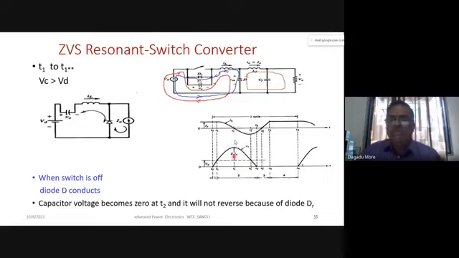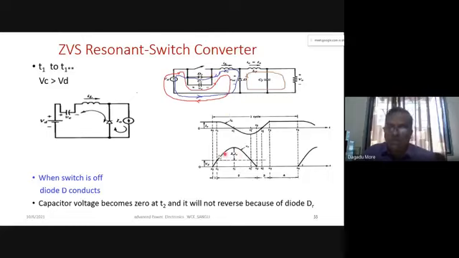When current becomes zero, capacitor voltage will be maximum, and when current goes in the negative, opposite direction, it will flow through this CR, and because of that capacitor voltage will come to zero at T2. So the duration for which the switch is off will be T0 to T2.